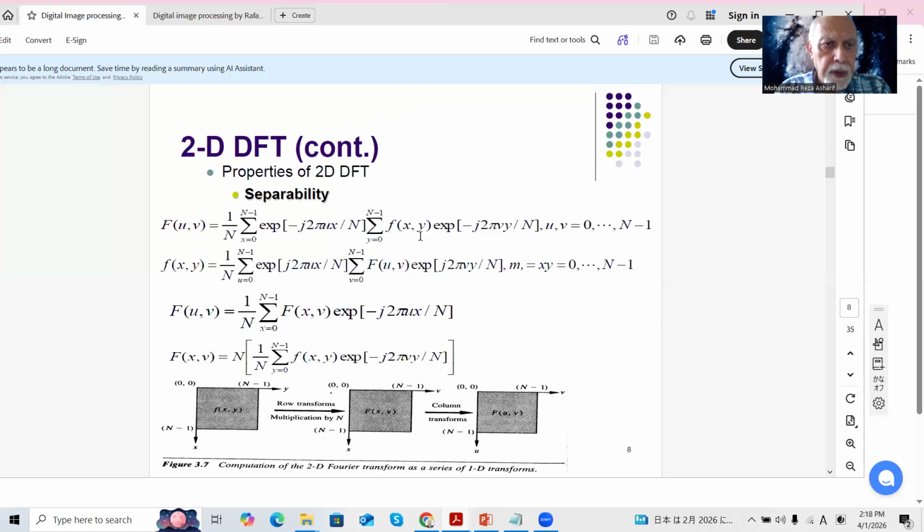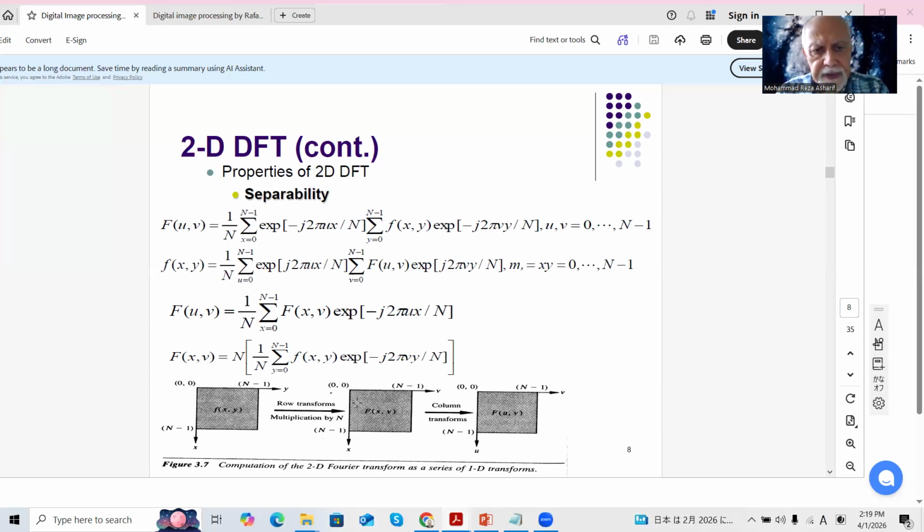And there are many properties of the Fourier transform; as in one dimension, we have them in two dimensions also. First, it is separable. We can use the Fourier transform for u and v separately. First for x and v, and then for u and v, like this.